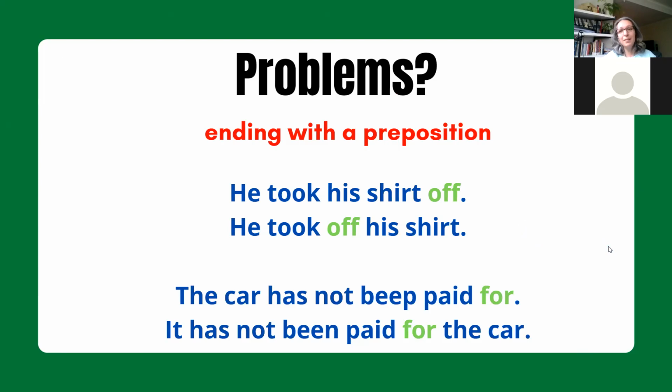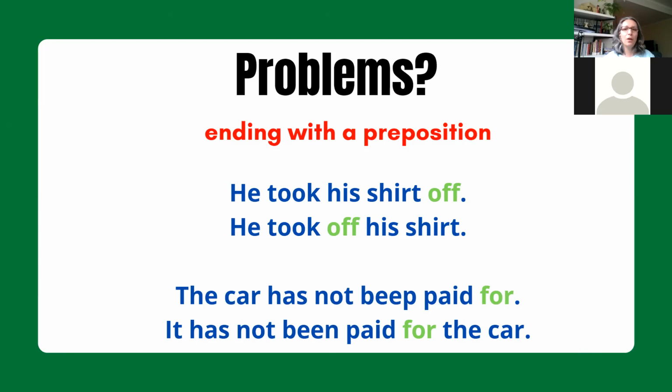There's some problems that I've highlighted before, and this is one of them. And I think some of the first grammar experts really were adamant about this, because in Latin, you cannot end a sentence in a preposition. So we have a little look at a few things. Looking back at the example with he took his shirt off, we can see that off ends the sentence.